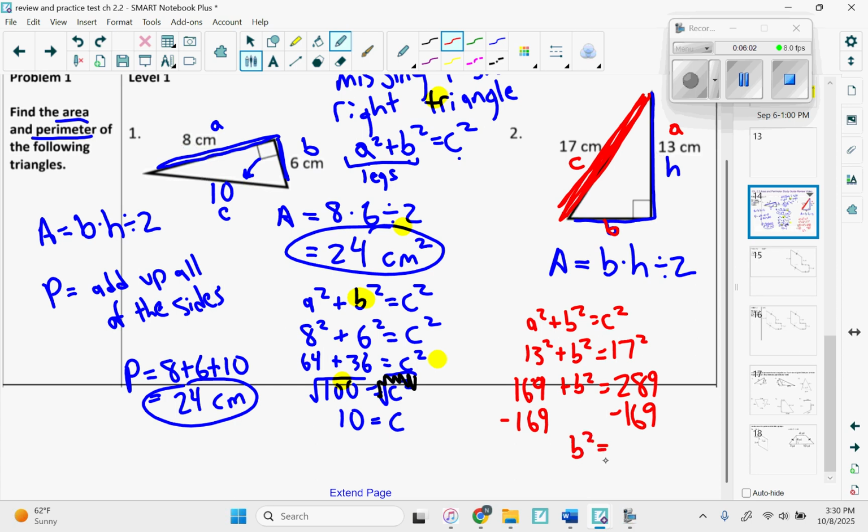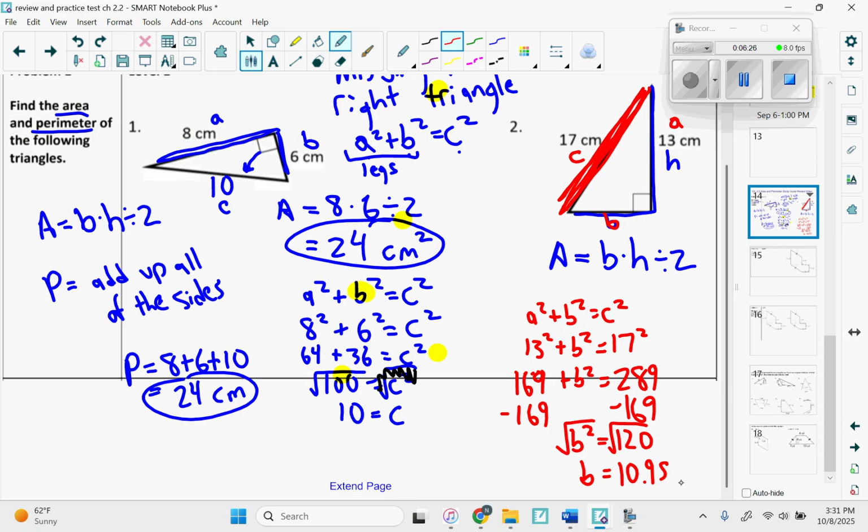We get b squared equals 120. And again, that last step to get your length of just b is square root both sides. B is approximately, on your calculator, say 10.95. And for this problem, I'm just going to round that to 11 to make it a little bit easier. So B, we're going to say is 11.